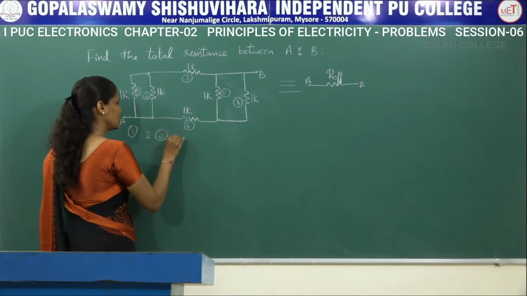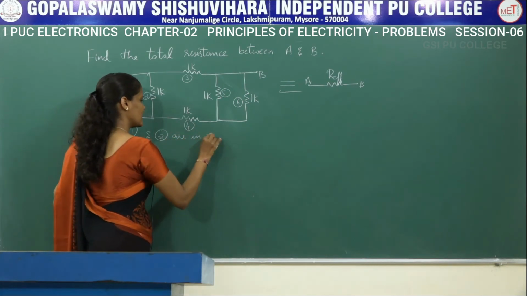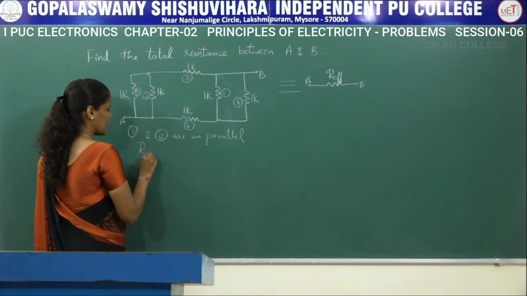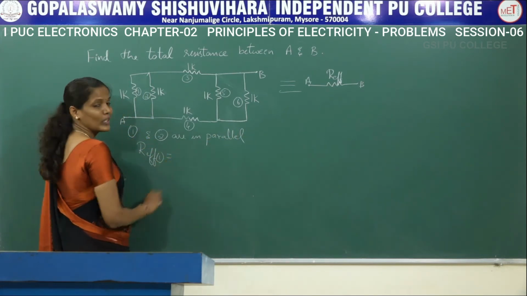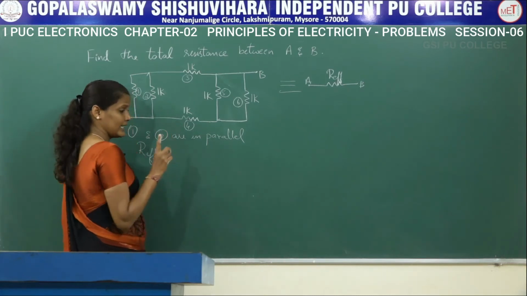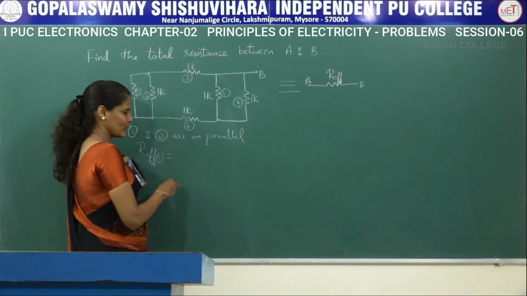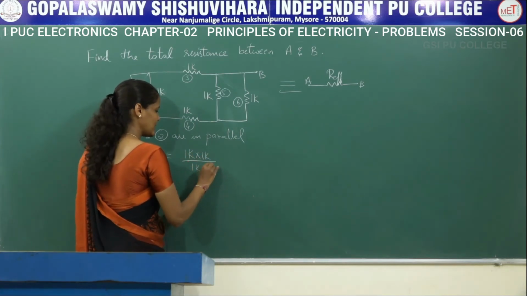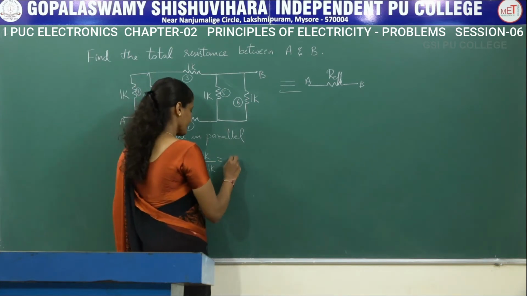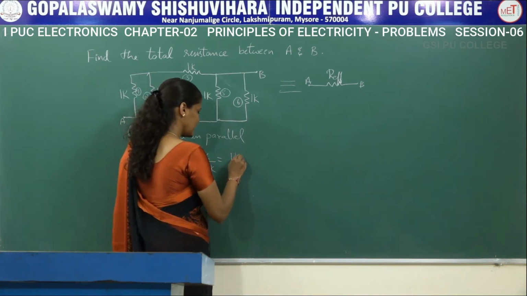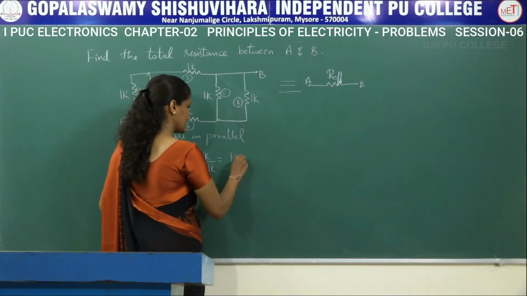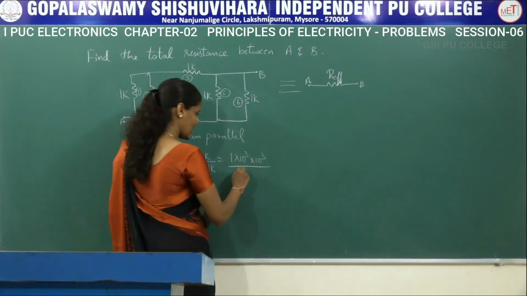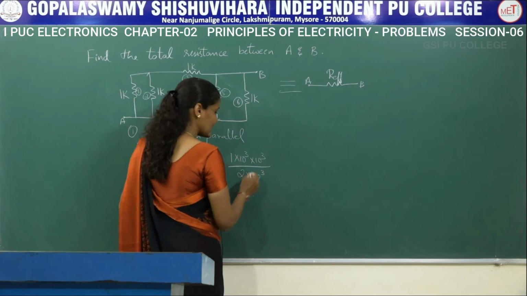1 and 2 are connected in parallel. So R effective 1 will be equal to, since two resistors are in parallel, I am using the direct formula: 1 kilo into 1 kilo divided by 1 kilo plus 1 kilo, which is equal to 1 into 10 to the power of 3 into 10 to the power of 3 divided by 1 plus 1, is equal to 2 into 10 to the power of 3.